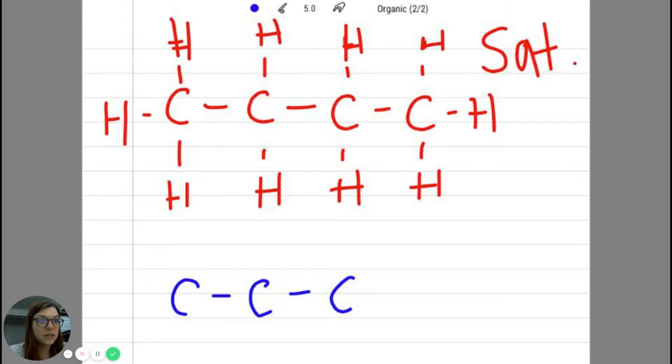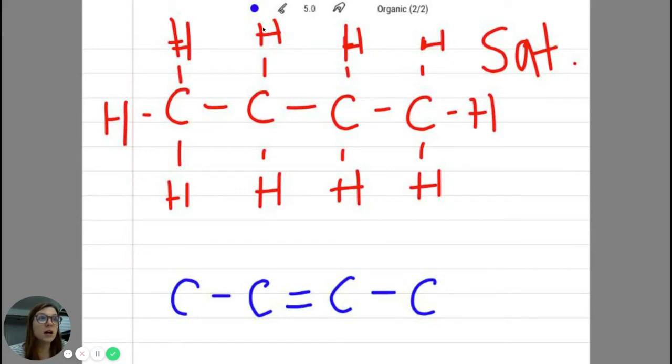So it's a little slow here. If you notice, remember we said before that every carbon is going to try to make 4 bonds. Well, 2 of my carbons here already have 3 bonds. Do you see this carbon right here, the second carbon? It has a single bond right there and it has a double bond right there. So it already has 3, meaning it can only make one more bond.